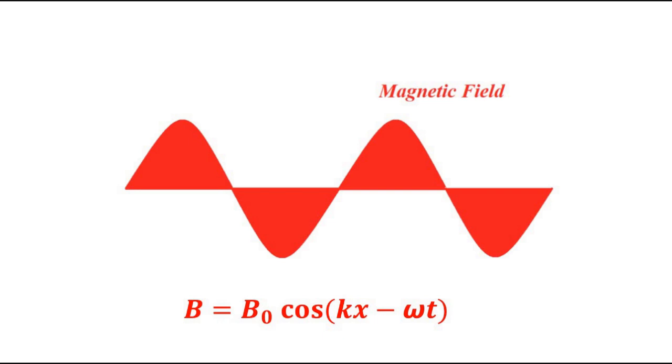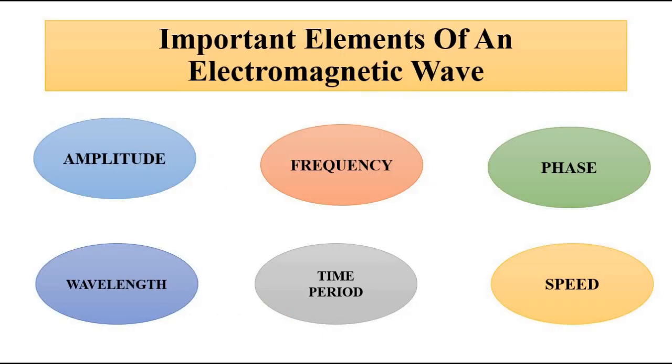Because the electromagnetic wave consists of two sinusoidal alternatingly variable quantities, they are amplitude, frequency, phase, wavelength, time period, and propagation speed or velocity, whatever you want to call it.